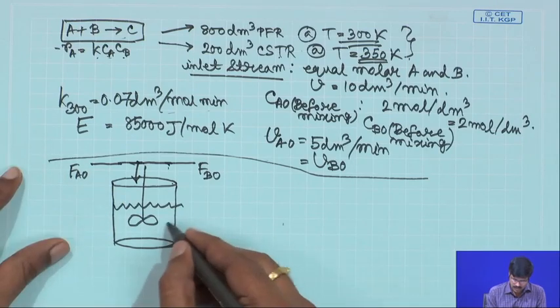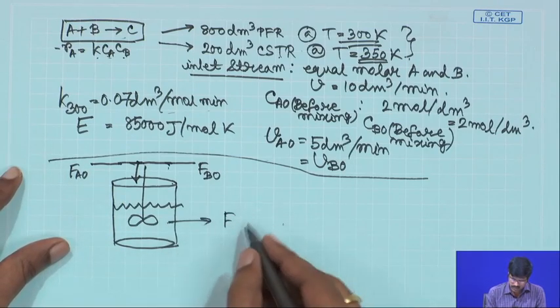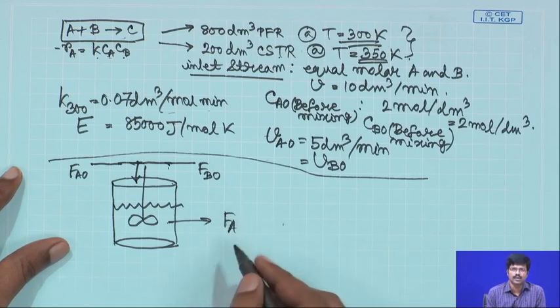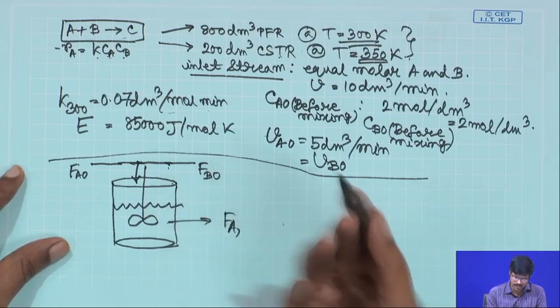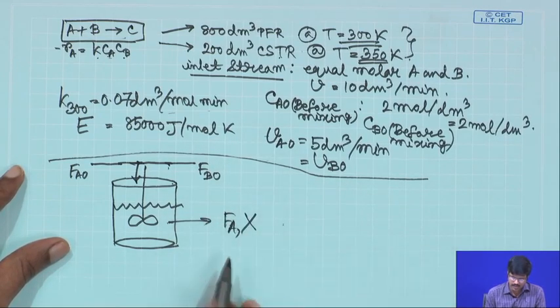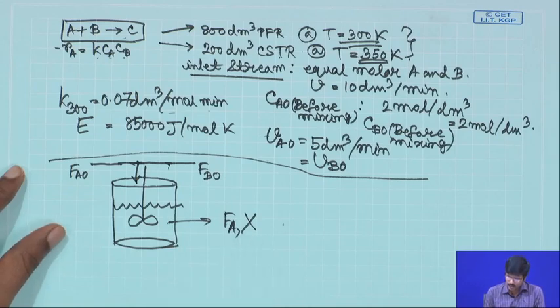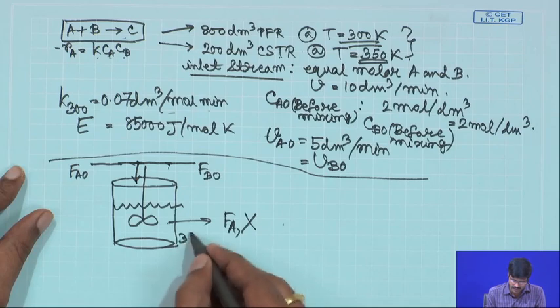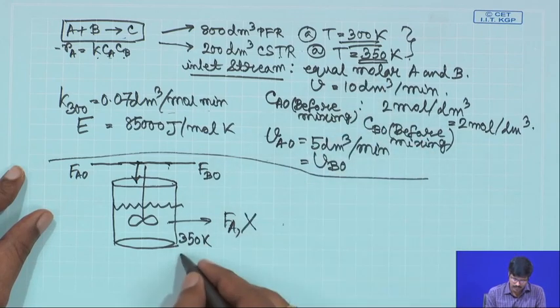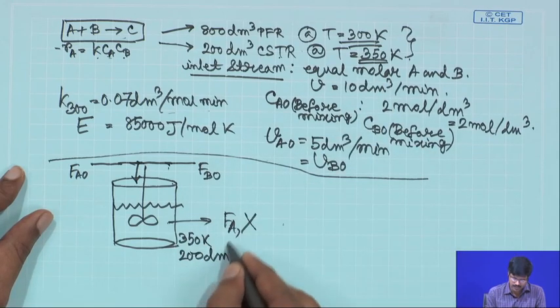Whatever comes out has a separate molar flow rate out for A and for B, and X is the conversion. X is what we are going to find out. So, this is the CSTR we are talking about. The CSTR is operated at 350 Kelvin and the volume is 200 decimeter cube.